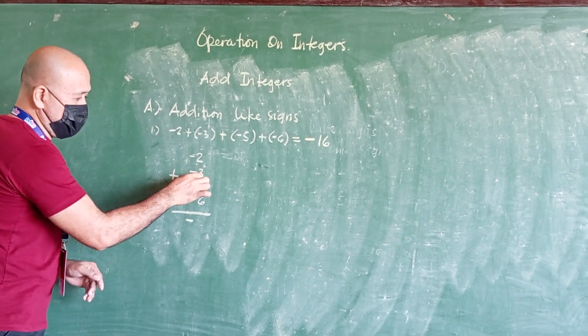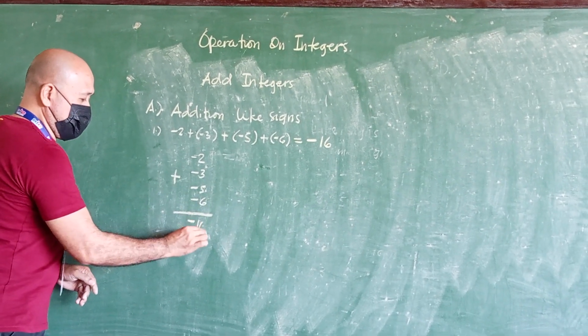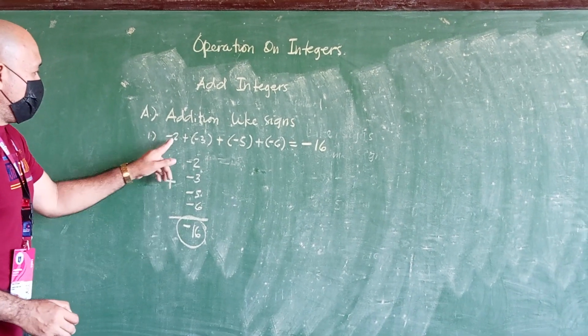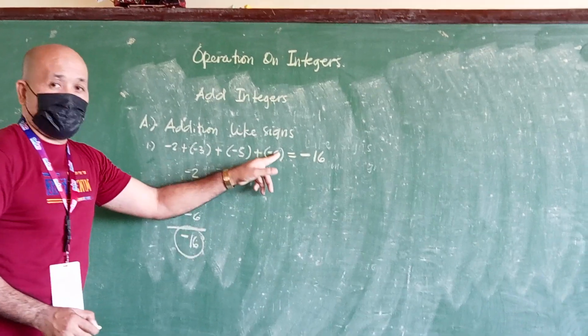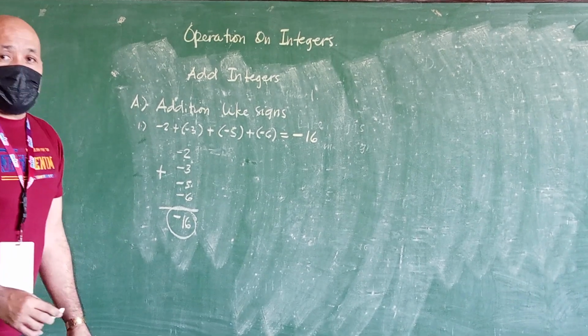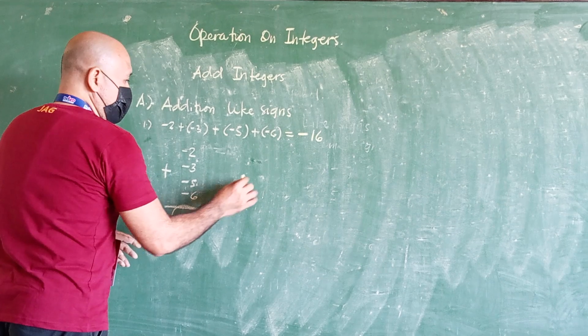That is 2 plus 3, 5 plus 5, 10 plus 6, that is 16. So your answer is negative 16. This is how you add integers if their signs are the same. Just bring down the common sign.